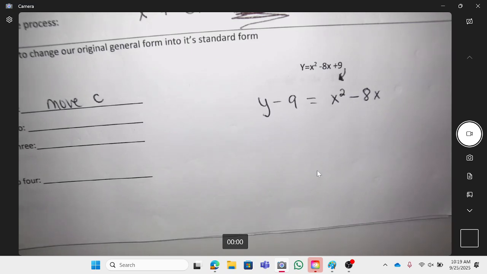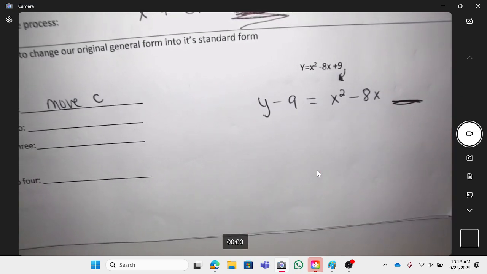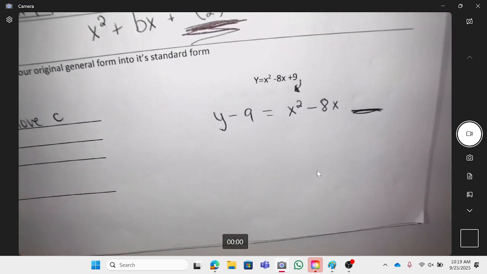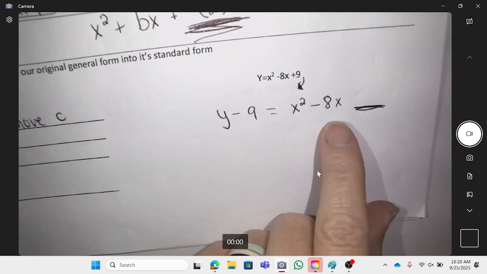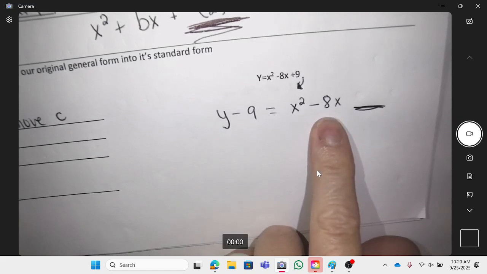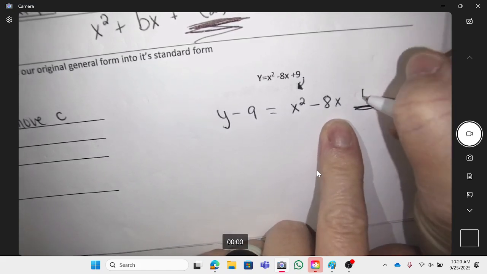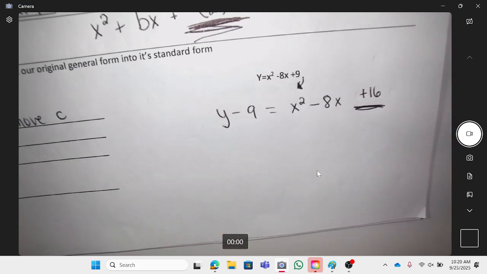All right, this gives me now an opportunity to make my own trinomial. I'm going to make my own thing because I want something specific there. Okay, what was that rule? What number has to go there according to what I need to make it perfect? Half. You got that value in your head? -4. Okay, and then square, 16.